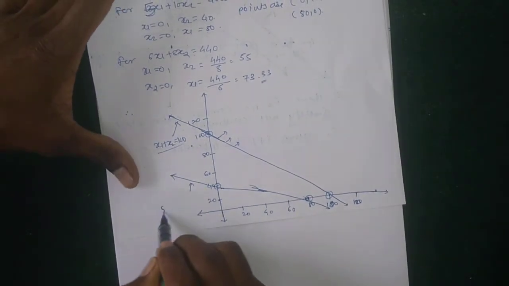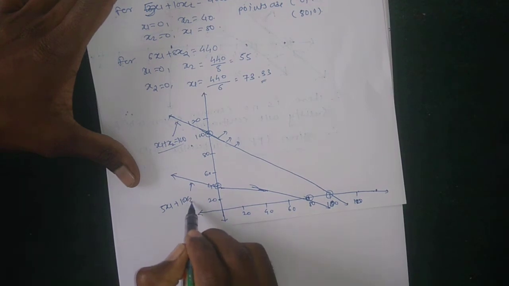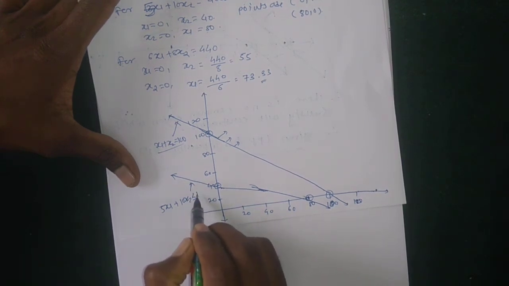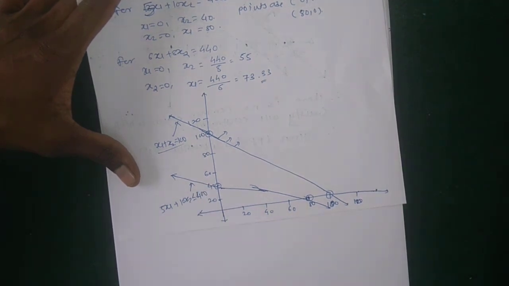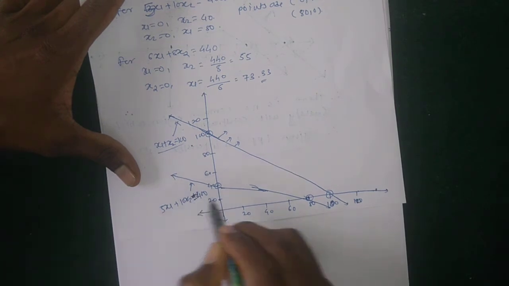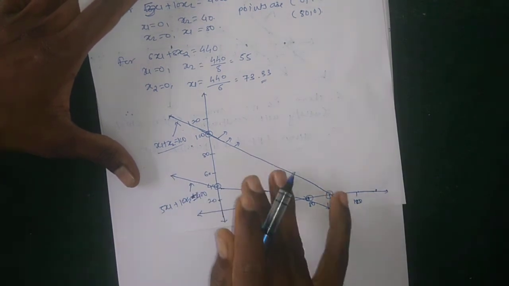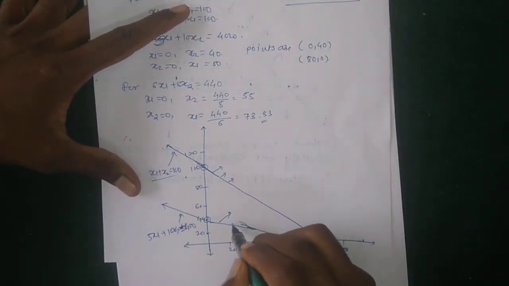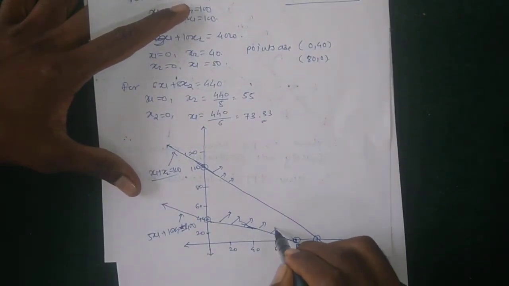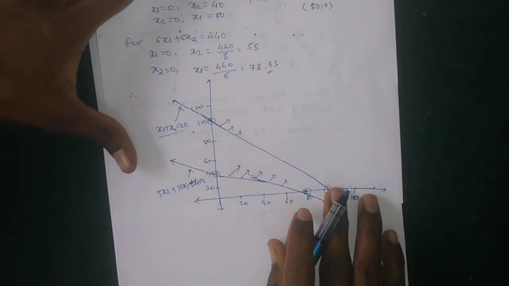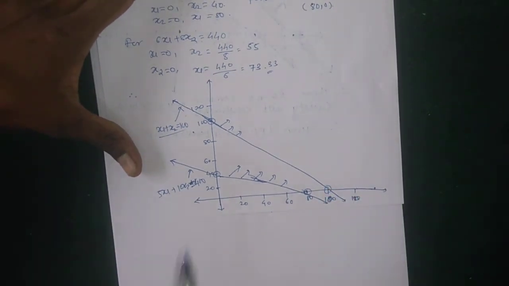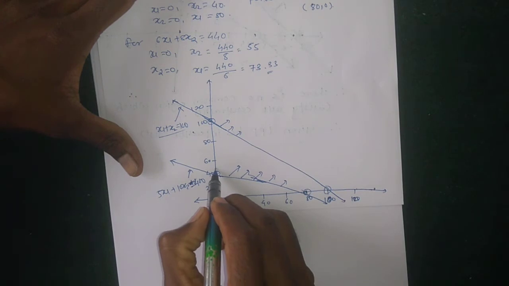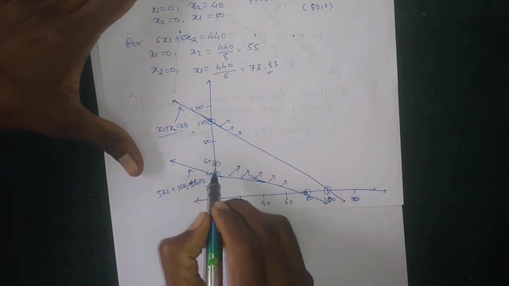This line is 5x1 + 10x2 equal to 400, and this constraint is also greater or equal, so its region is also the upper side of this line. Then next is 55.